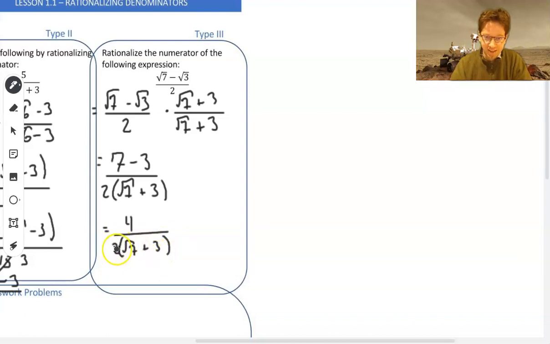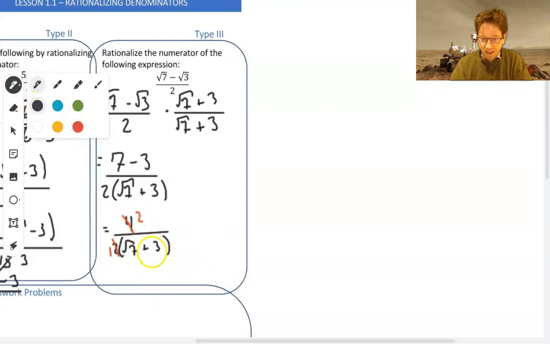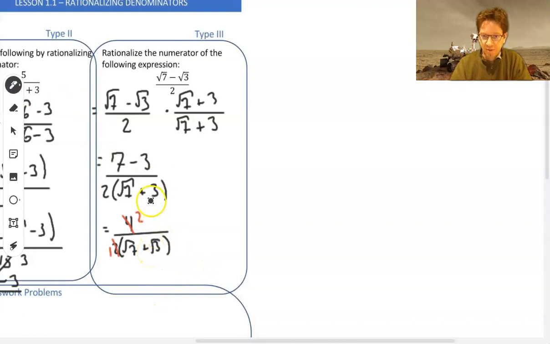And again, this can be simplified, right? Because we have 4 over 2. So that can be the same as 2 over 1. Okay? And I lost my square root at some point everywhere. Don't know why. It should have been there this whole time. There we go. So now we have 2 over root 7 plus root 3.